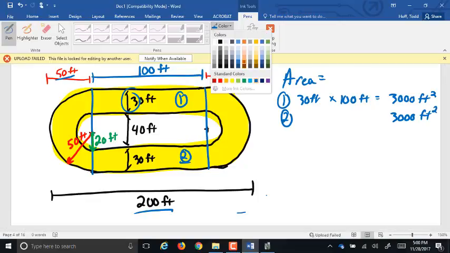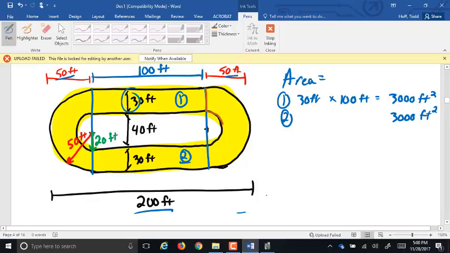Now, next we have to look at these shapes over here. The ends.